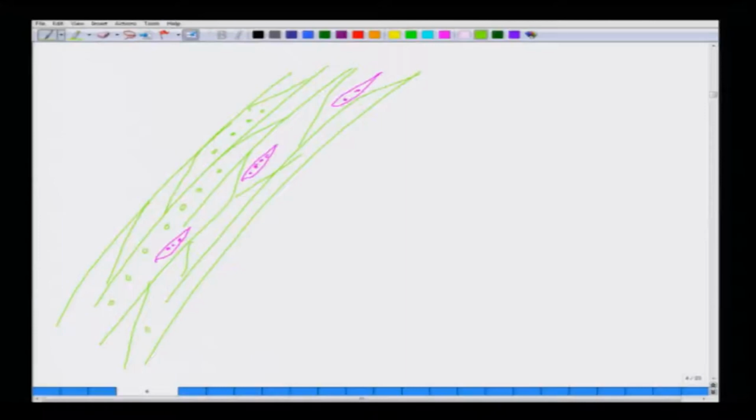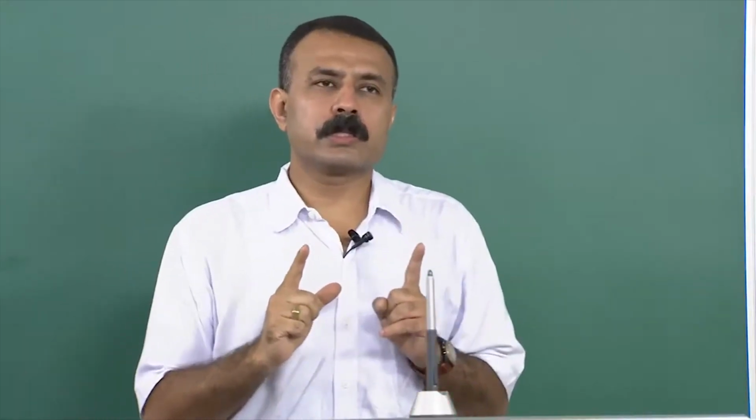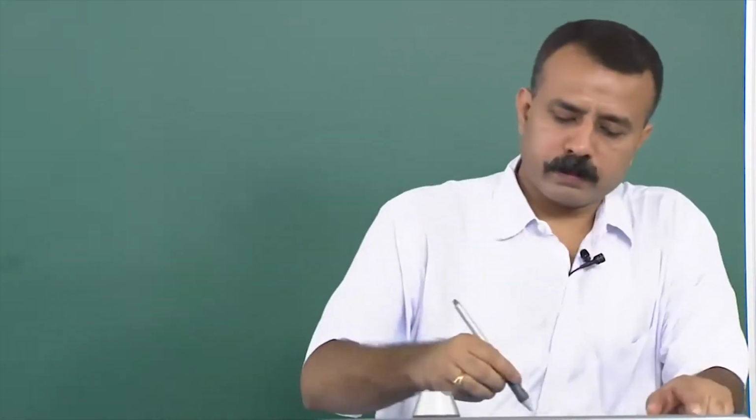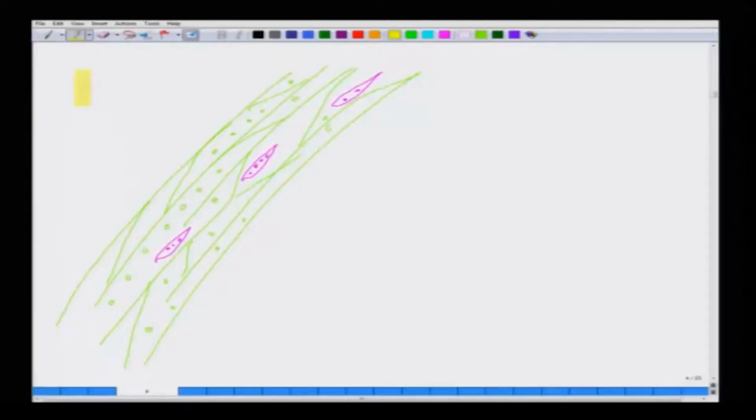Okay. Now, this circuit, first of all, here. As I told you, it is the muscle spindle which has the ability to sense the change in length. So, now impact falling on this, fine, that I am showing in yellow.